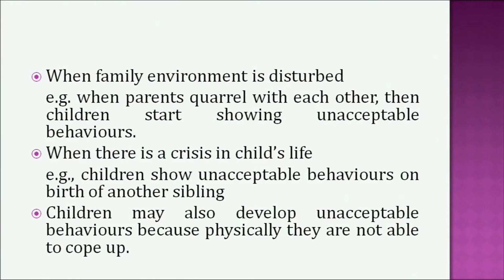They might feel that all the importance and attention is being taken away from the first child and is being given to the new sibling, and then they might misbehave. Children may also develop unacceptable behavior because physically they are not able to cope with the demands of the situation around them. So, we need to be very careful about these little things about the children.